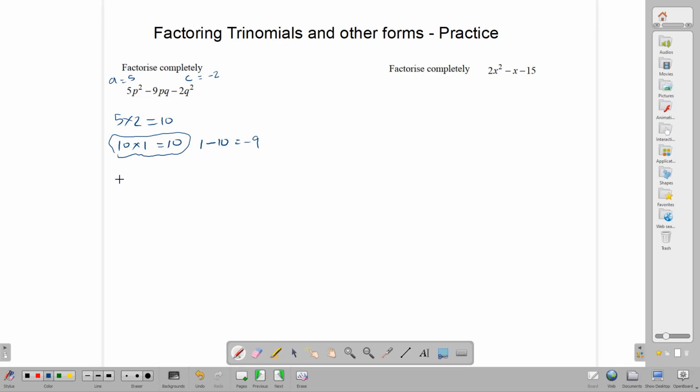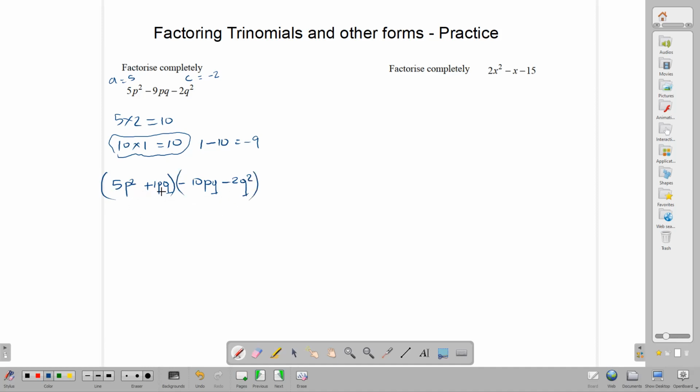So we're going to write our expression as 5p squared plus pq, that's 1pq, minus 10pq minus 2q squared. Now that we're here, we're going to group and factorize.